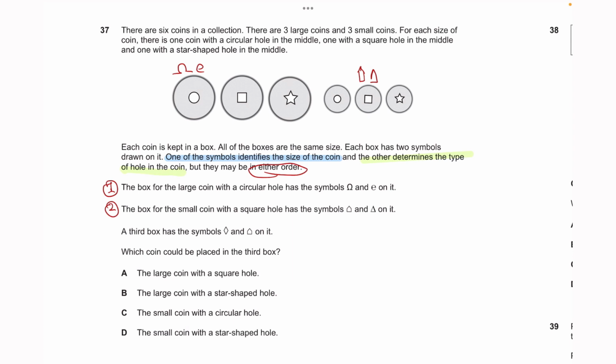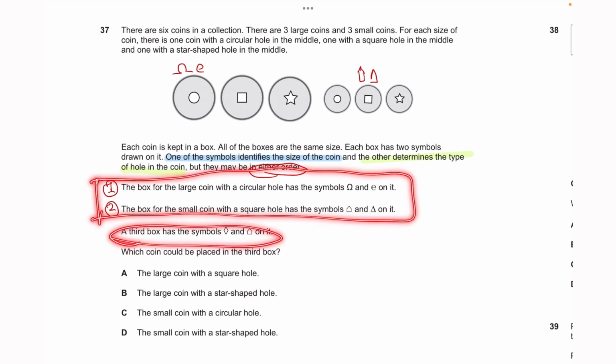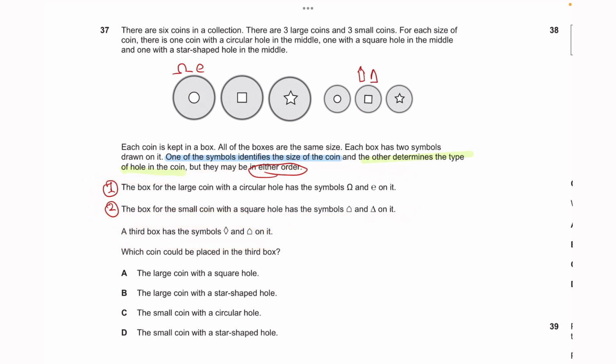Okay, so what we've got to do is use the clues that have been given in here to help us solve what this one could possibly be. If we have a look, the box for the large coin with a circular hole has these 2 symbols, and these 2 for the second one. Now, key thing is we notice that there is a similarity for 2 of them.